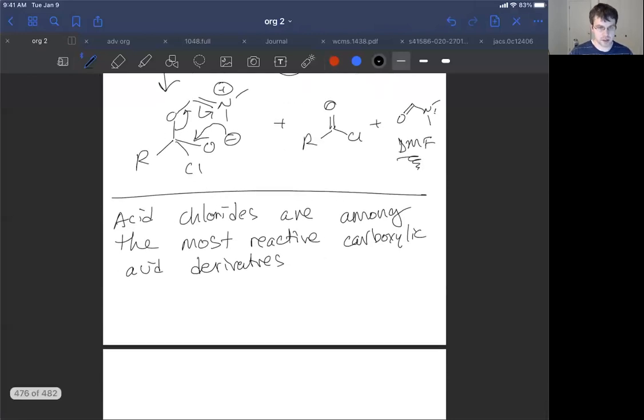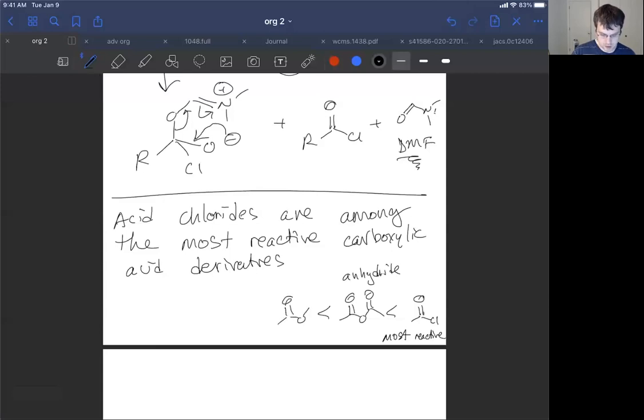And it turns out we can actually kind of quantitate that a little bit. We could say, let's actually put the acid chloride all the way over here at the end of our page. That's going to be the most reactive. After that is going to be the next functional group we'll talk about in an upcoming lecture, but not today. That's the anhydride. I'll label that one. That one's a little unusual. Then we've got the ester.